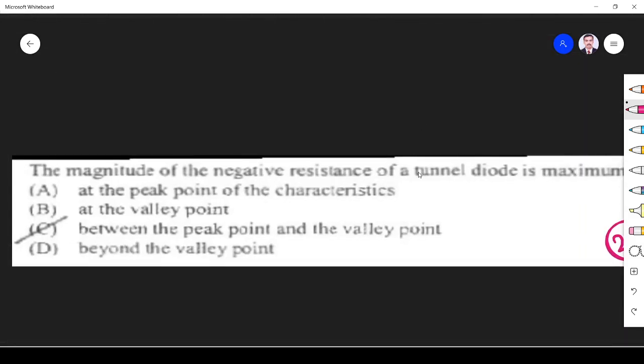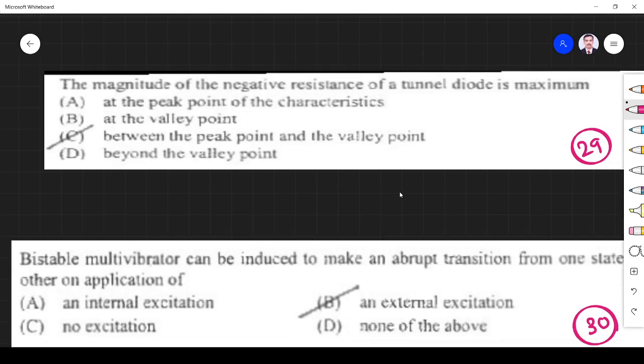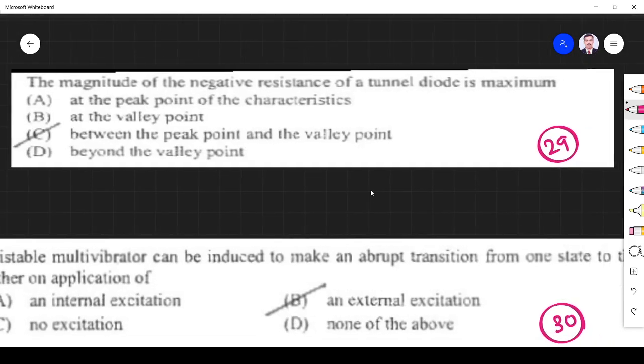Next question: the magnitude of the negative resistance of a tunnel diode is maximum. We know it is between the peak point and the valley point. Why? The tunnel diode characteristic looks like this, with Vp and Vv. This is the negative resistance region.